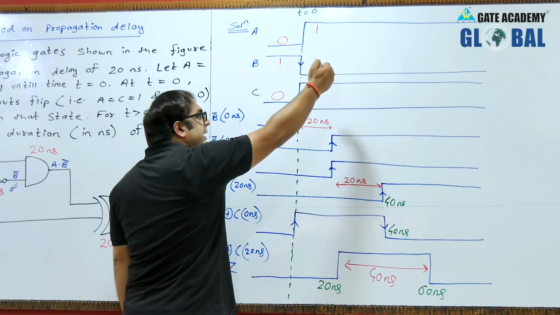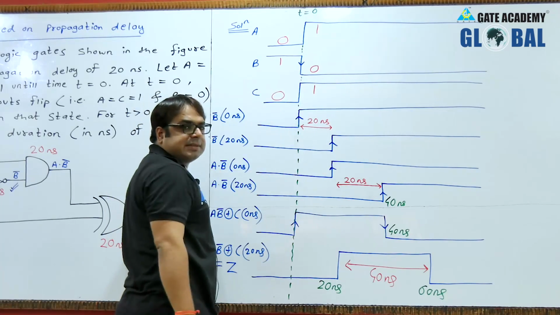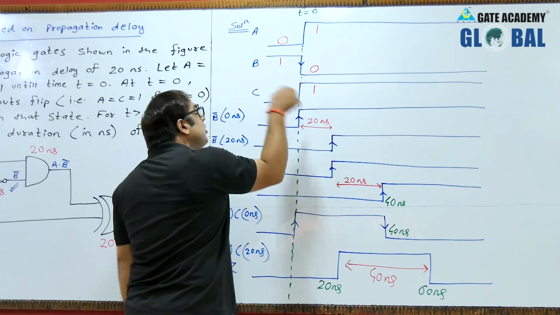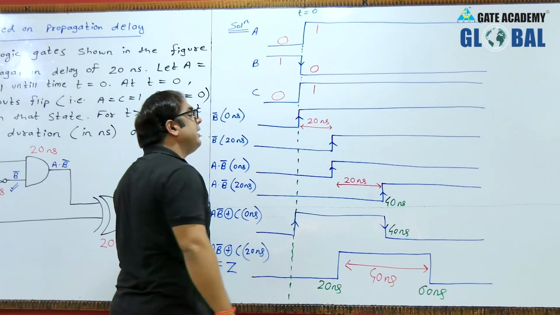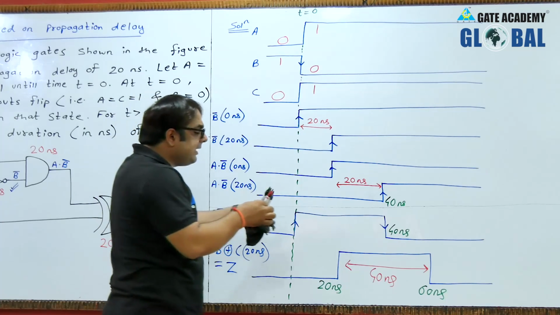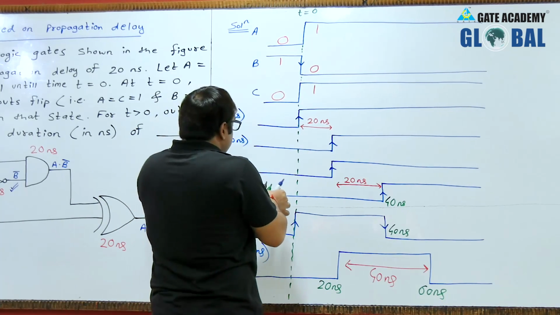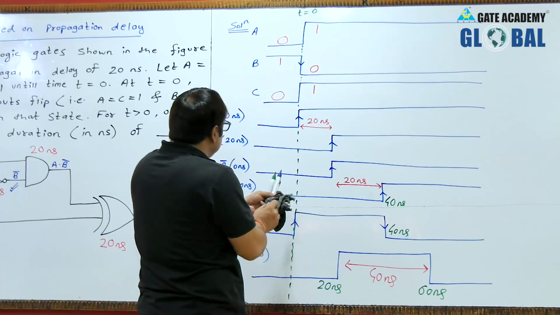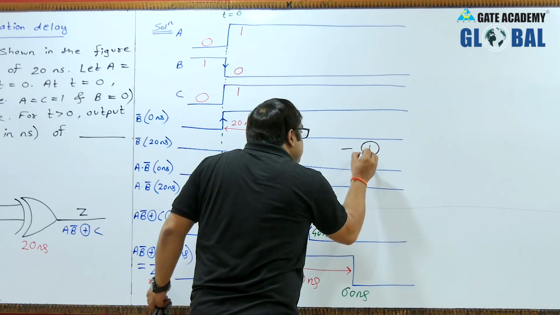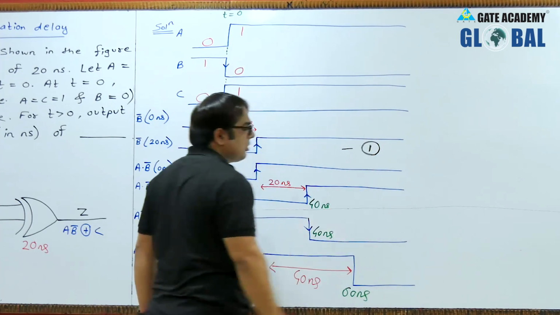If we are passing it through a NOT gate, definitely it will have just an opposite transition, that means from logic low to logic high. That also we know 20 nanosecond is given. So with respect to the examination, you just need to draw this waveform directly. This will be the waveform you will need to draw in examination.